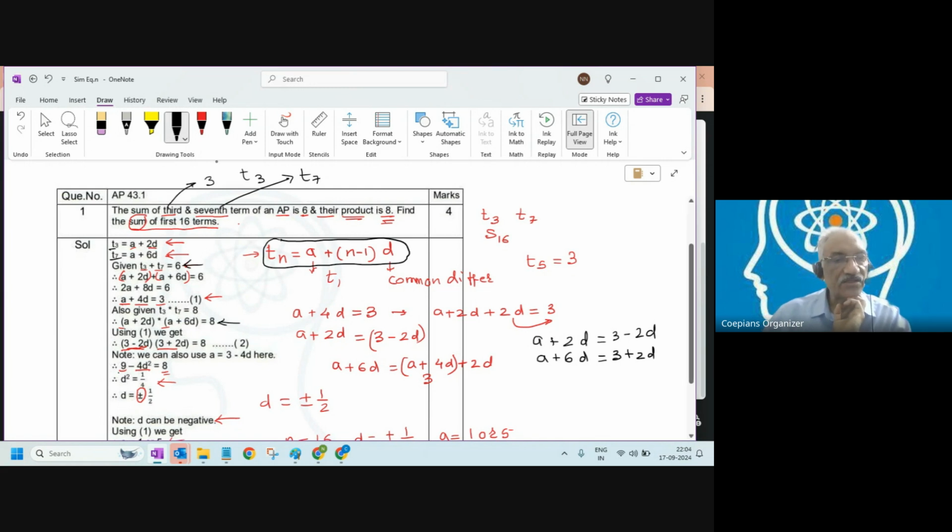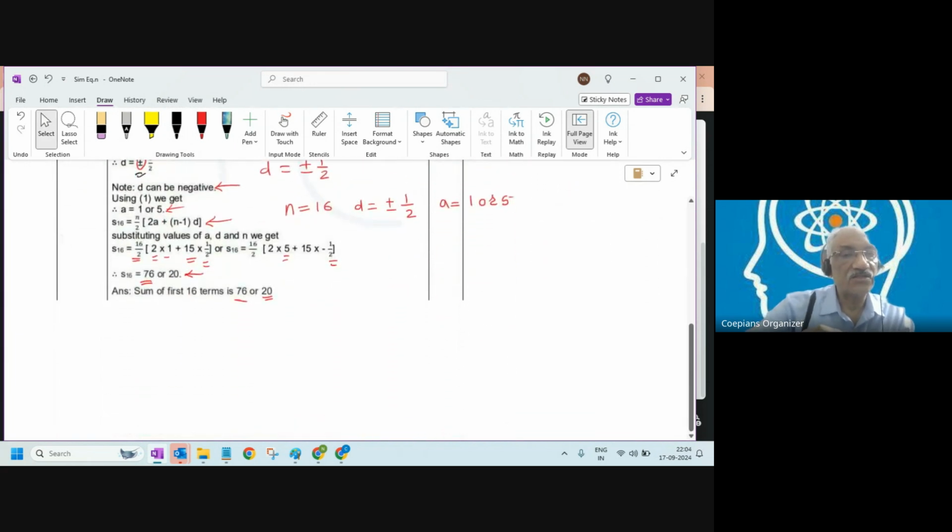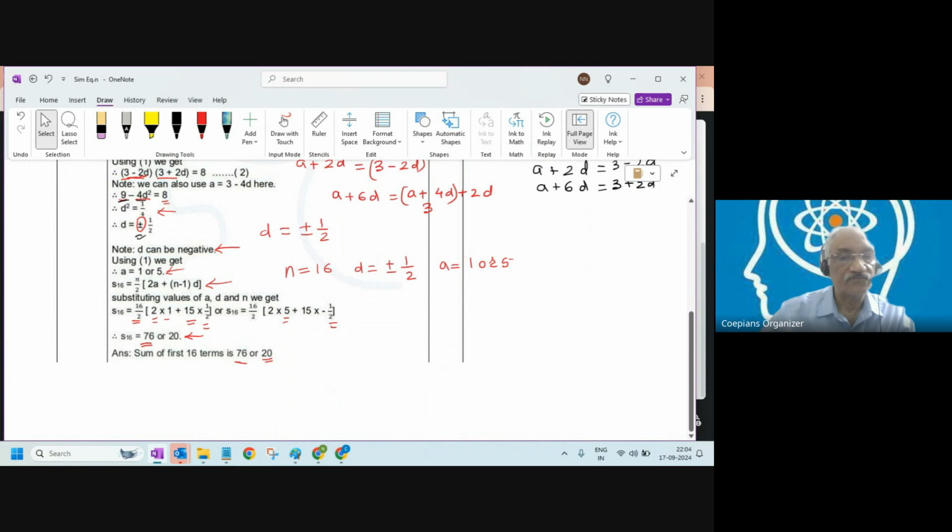So that becomes 9 minus 4d square is equal to 8. d gets two values, very important. d is plus or minus. Obviously, a also gets two values, and the sum also gets two values.